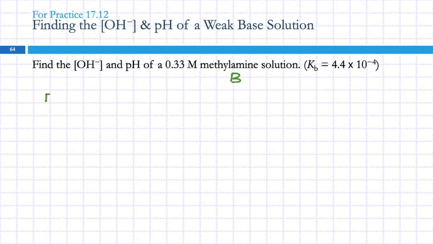So if we put B, a weak base, into water, it will be in equilibrium. The base is going to accept a hydrogen ion from the water, which leaves a hydroxide ion. So that's our generic equation for a weak base. If you know the formula here, you write that, and then over here, you tack an H plus on it.